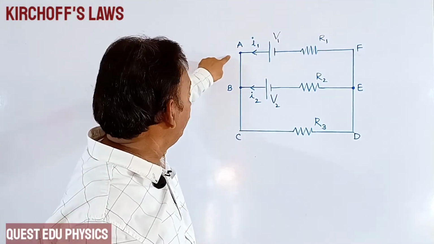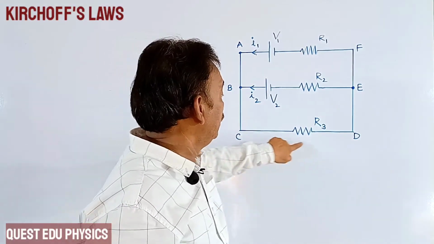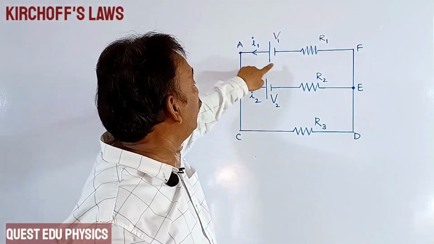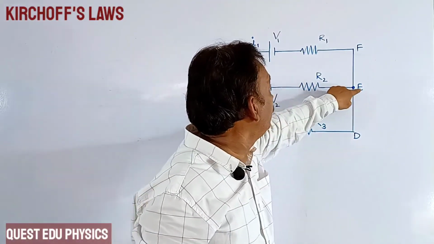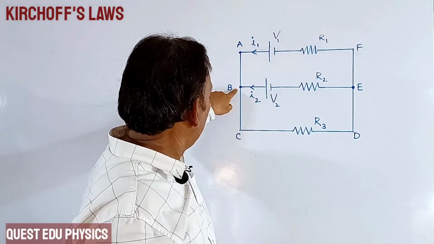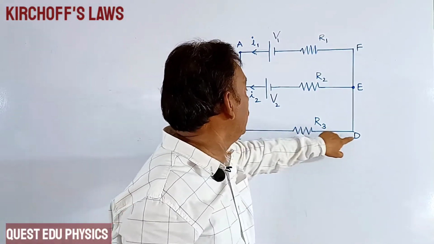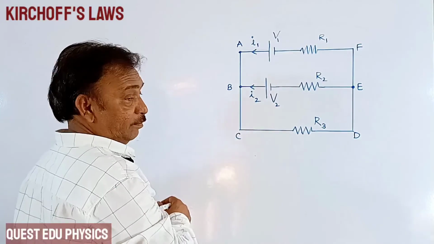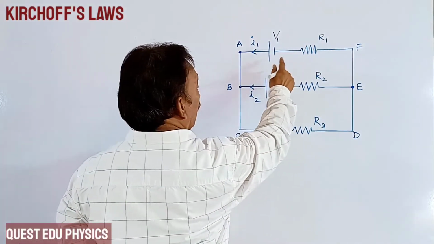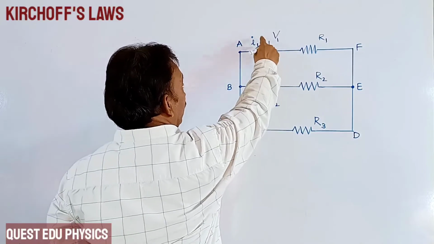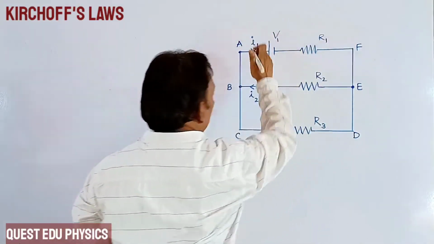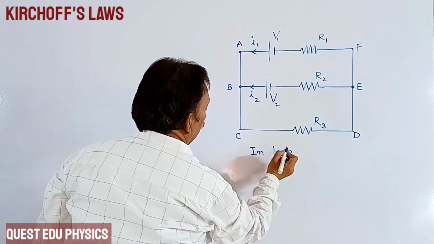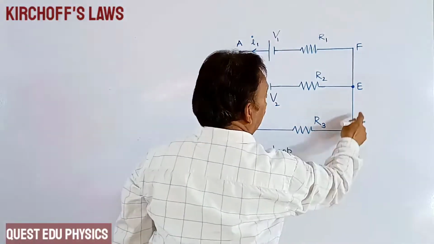We started from A and travel through A, B, C, D, E, F, and A. In the same way, we have one more loop here, A, B, E, F, A, and the third one, B, C, D, E, F, E, B. First I am taking loop one, and I am traveling. Here I am taking this one as a loop. In loop A, B, C, D, E, F, E.